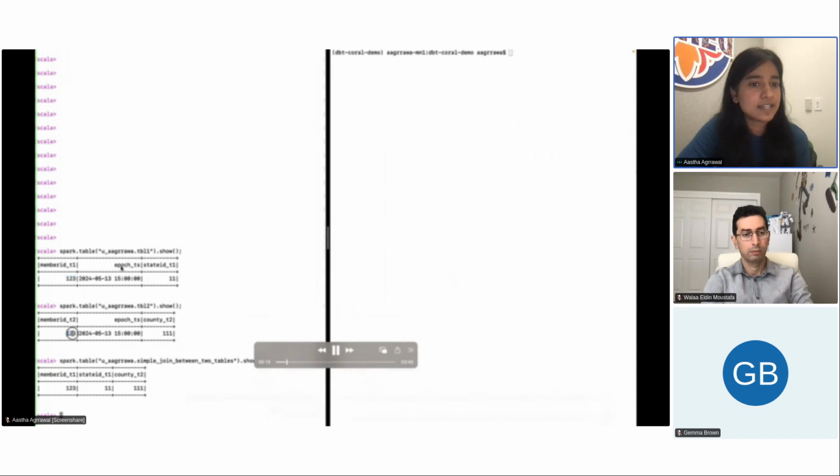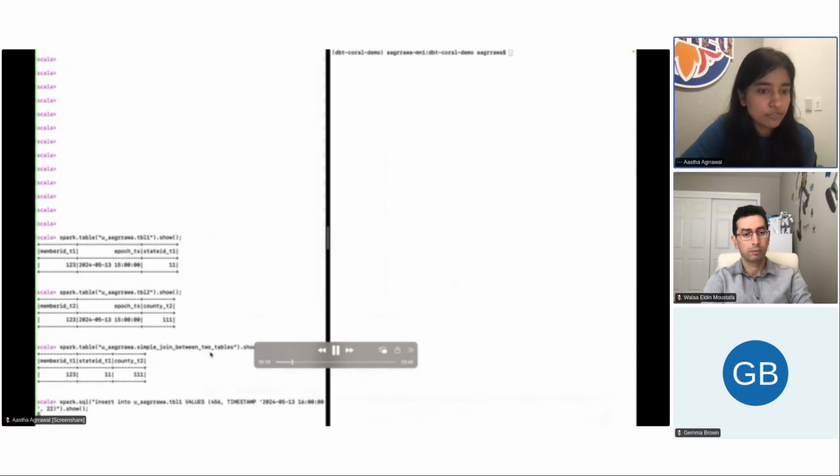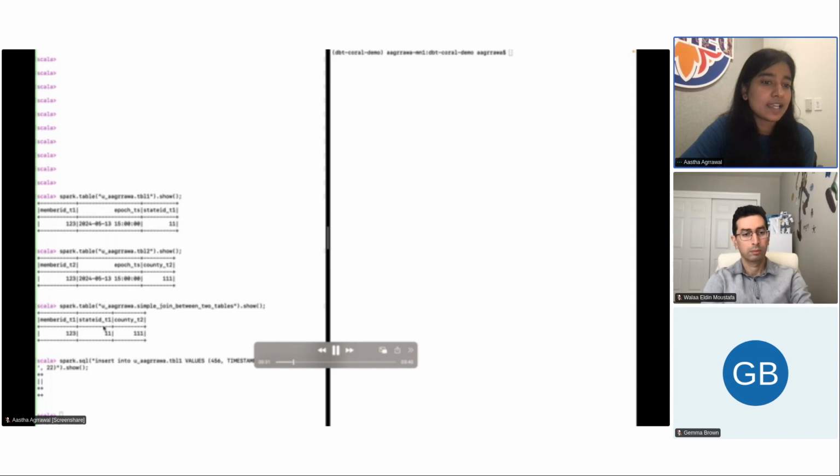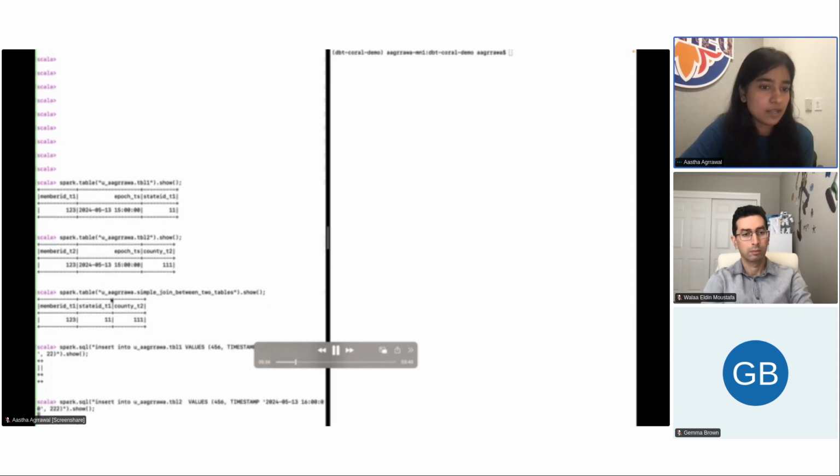So on the left-hand side, as you can see, I have two tables, TBL1 and TBL2, both with one record each. And I have an output table, simple join between two tables, where I have computed a join between the tables TBL1 and TBL2. At this point, my output table has one record as expected, and this is the initial state of the project.